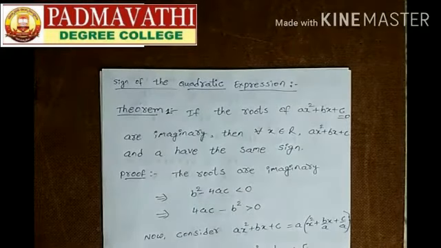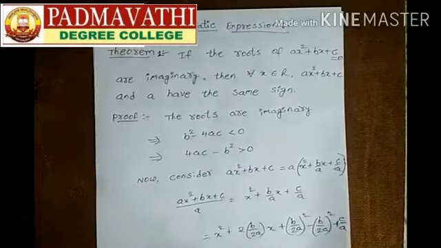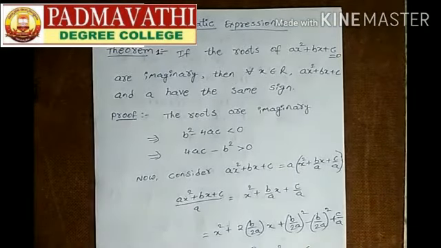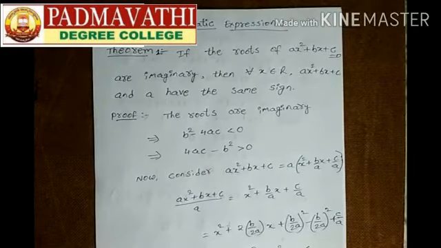To prove this, first we consider the roots of the given quadratic equation. That expression we need to consider as the equation ax square plus bx plus c equal to 0. So b square minus 4ac, the discriminant value, is less than 0. Why?